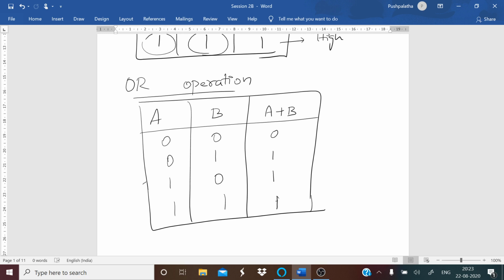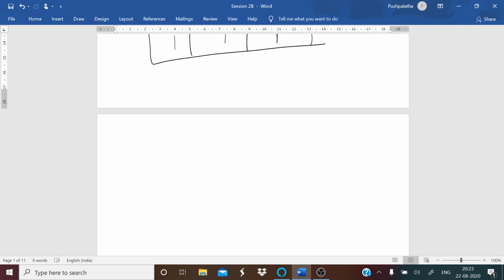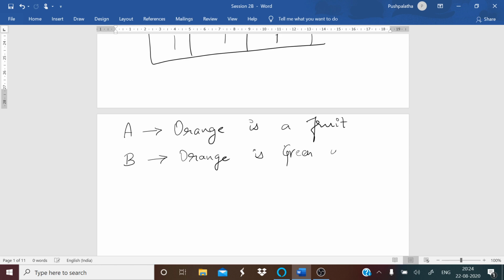High. If you want to go into detail, for example, we have one statement, let us say A: orange is a fruit. And one more statement, B: orange is green in color.